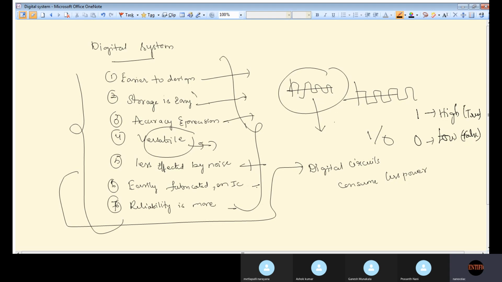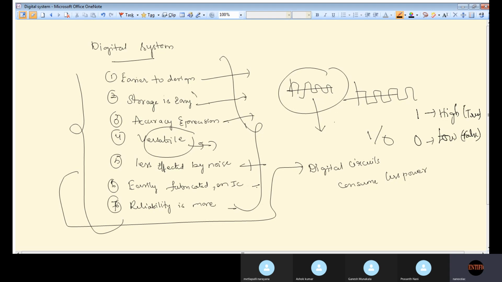You should define any output or input in only two answers: yes or no, true or false, high or low, 1 or 0. So these are all the advantages of digital systems.